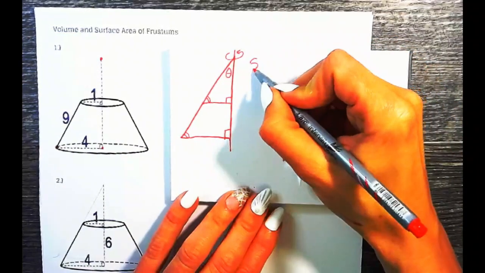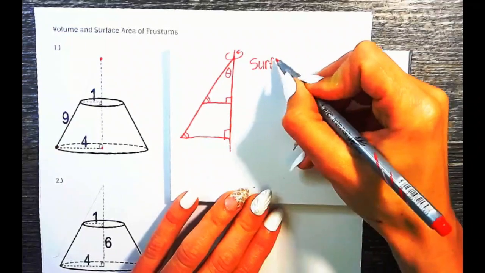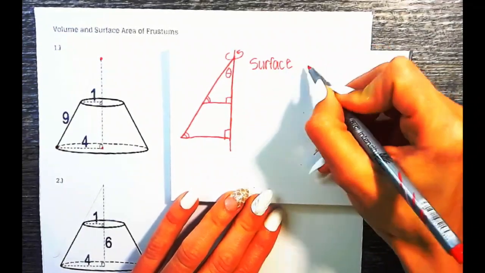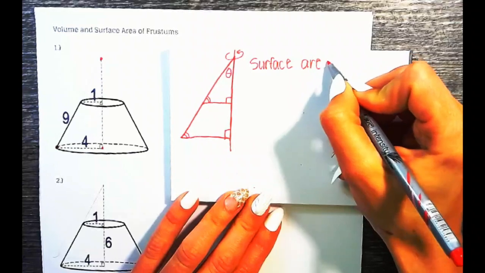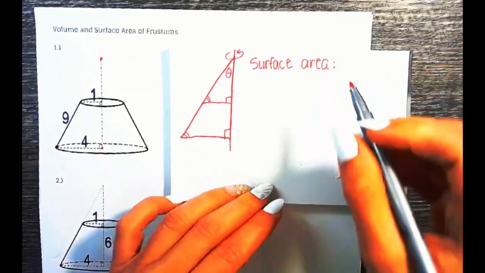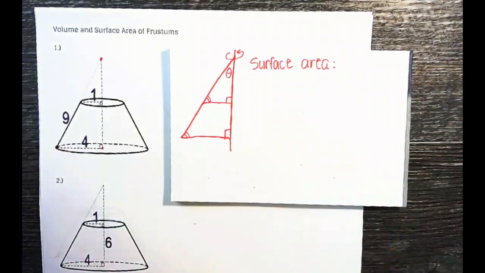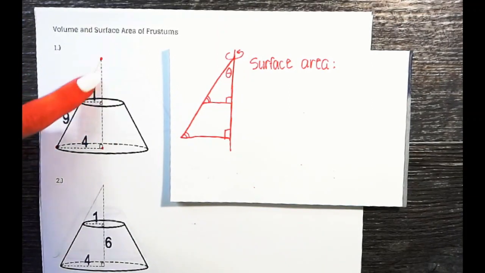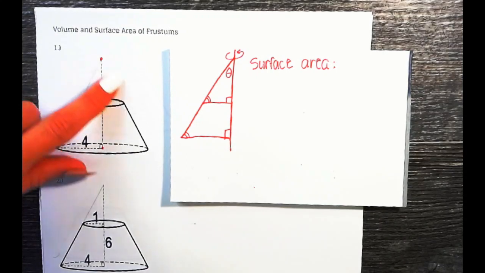So if I wanted to find the surface area of each and use those parts of the surface area to figure out the surface area of this, I can do that for sure. So what was the formula from your surface area of a cone, what is the formula for the lateral area on a cone?